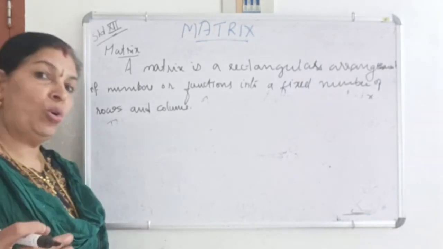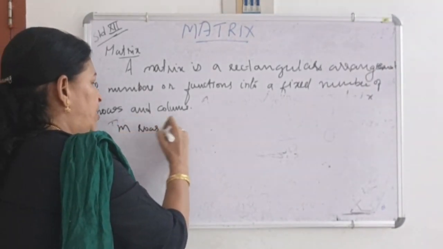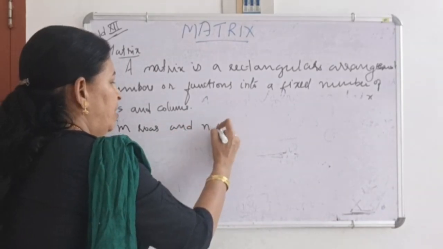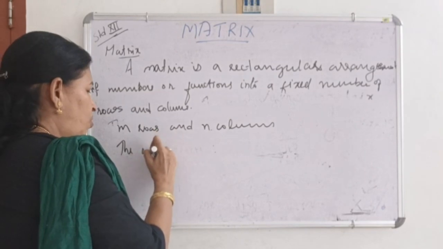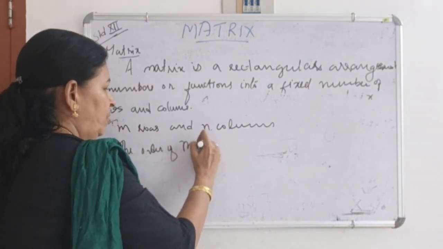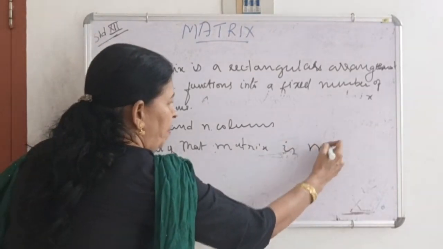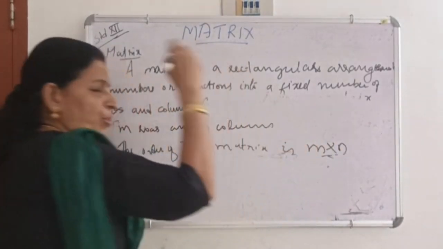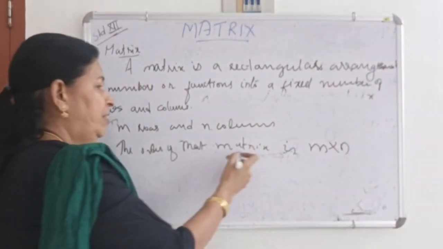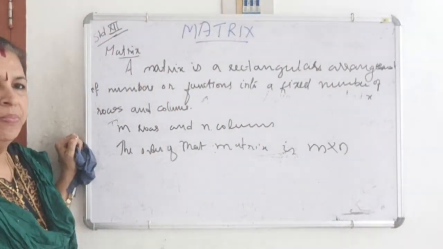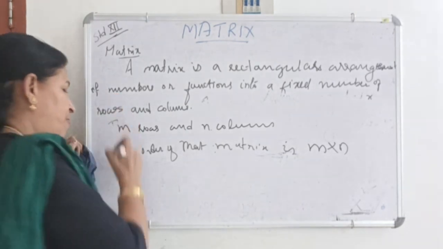If there are m rows and n columns, its order is m by n. We write this as m into n, but we read this as m by n. That is, in a matrix of order m by n, there are m rows and n columns.